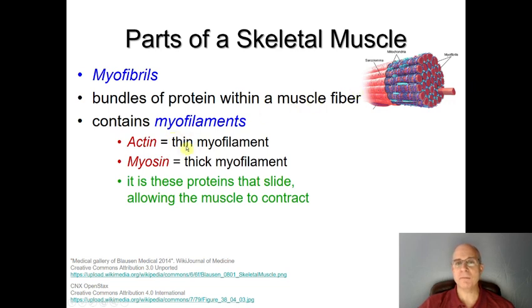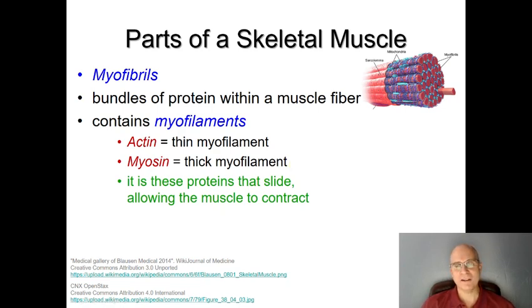If you have trouble remembering which is which, the word actin has 1, 2, 3, 4, 5 letters. The word myosin has 1, 2, 3, 4, 5, 6. So the word with fewer letters is the thin myofilament. The word with more letters would be the thick. And there are other ways of remembering it, but sometimes quick and easy things like that are helpful.